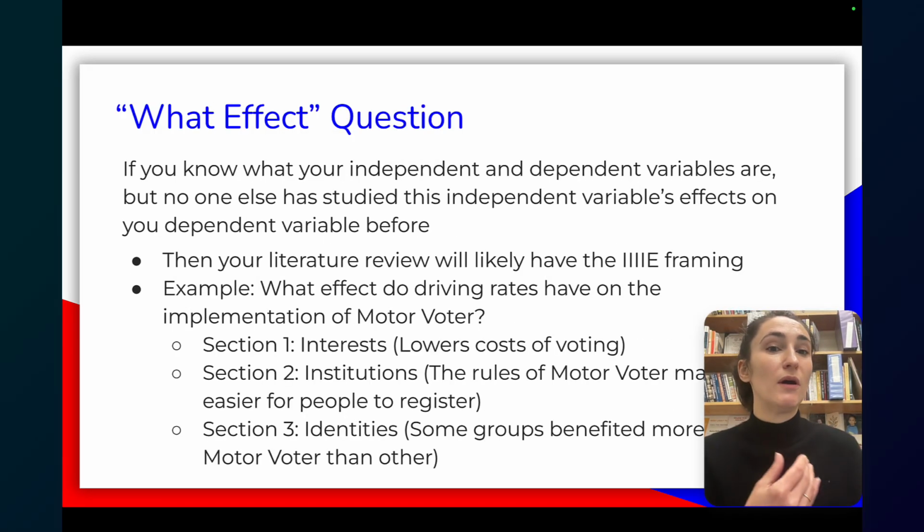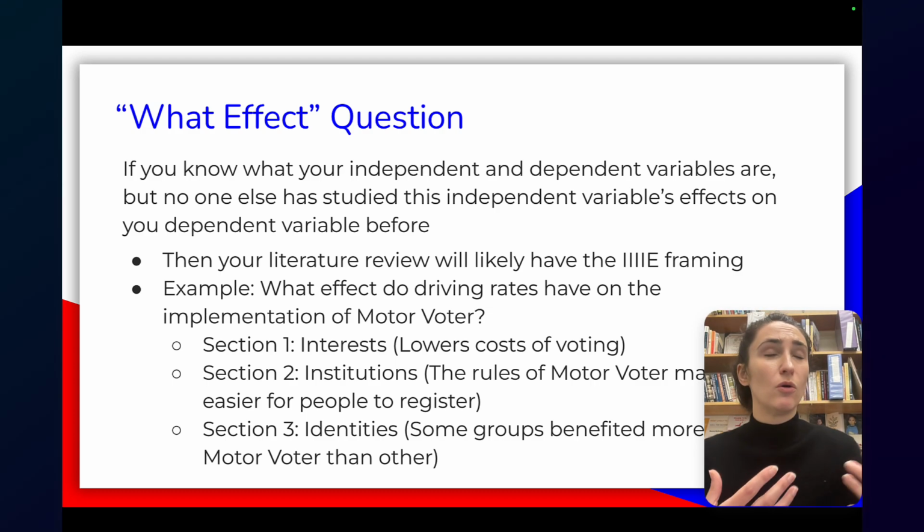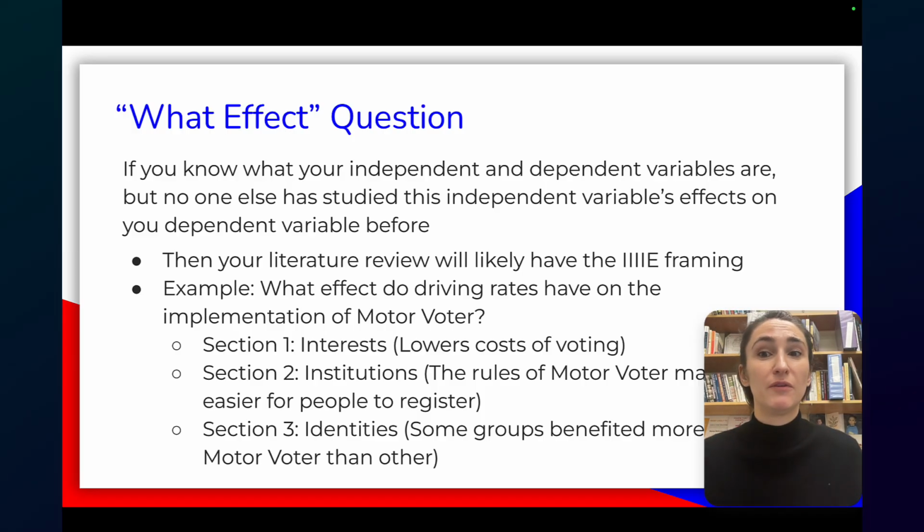Okay. Now, if you have a what effect question and you know what your independent variable is, you know what your dependent variable is, but nobody else has studied the 2 of them together before, or nobody has looked at what this independent variable's effects on your dependent variable are, then your literature review can also have that triple IE framing.